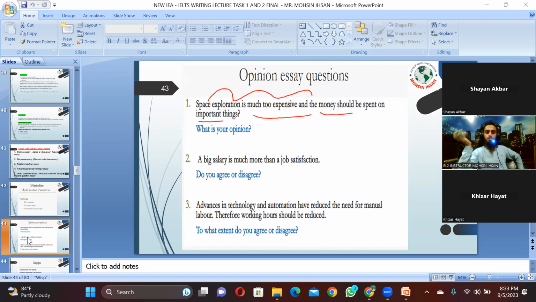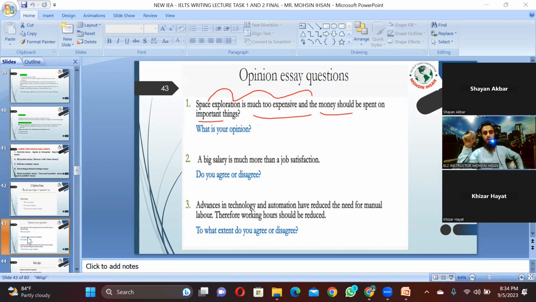Now, what is your opinion? Let's suppose you agree that space exploration is important. In body 1, you first mention the ground, the route. Talk about space. In this modern era, exploring space is considered very important because of the difficulties and miseries faced on land by humankind.